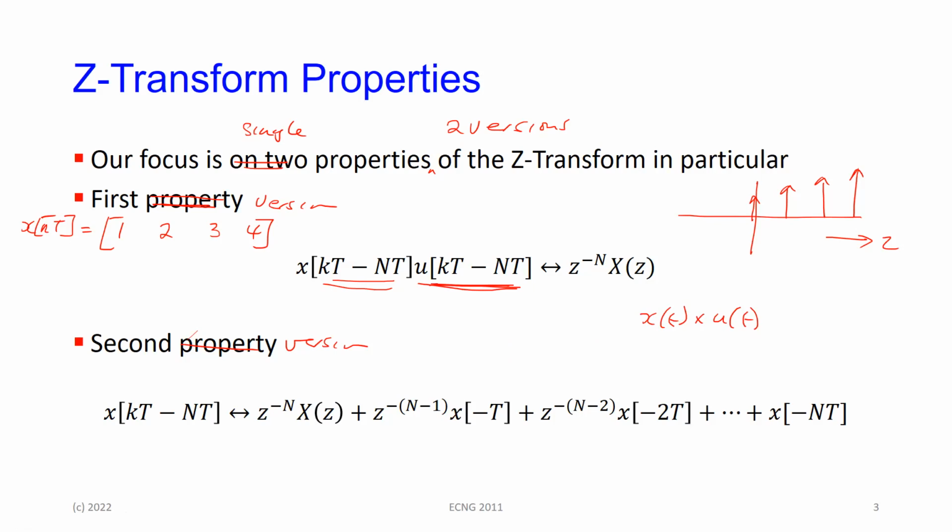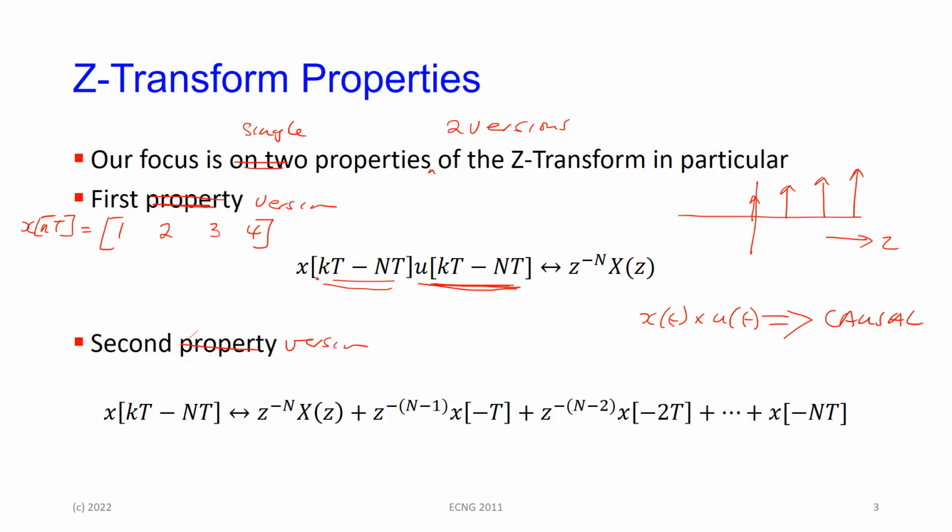If I take a continuous time signal and I multiply it by a unit step, what does that do to the signal? It makes the signal what? Causal, sir. Nice. Correct. By multiplying anything by the unit step, you make the signal causal.